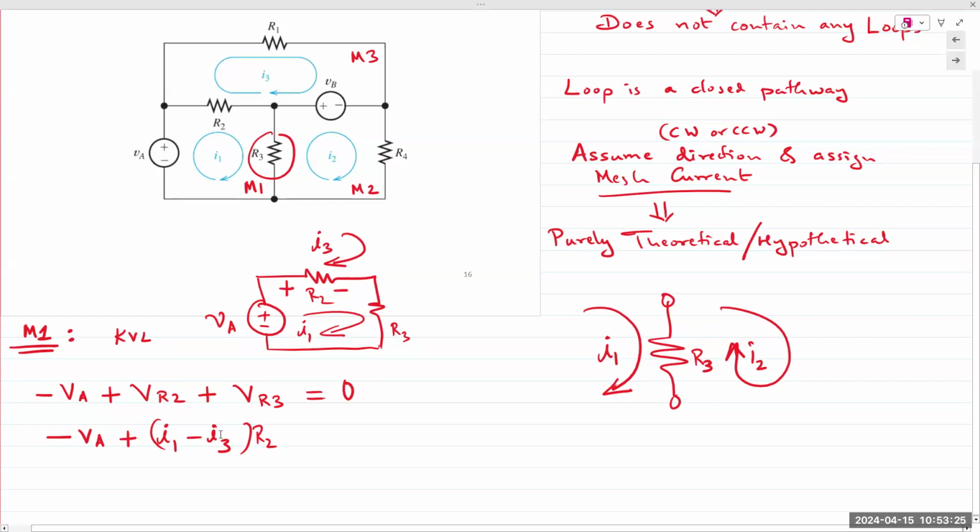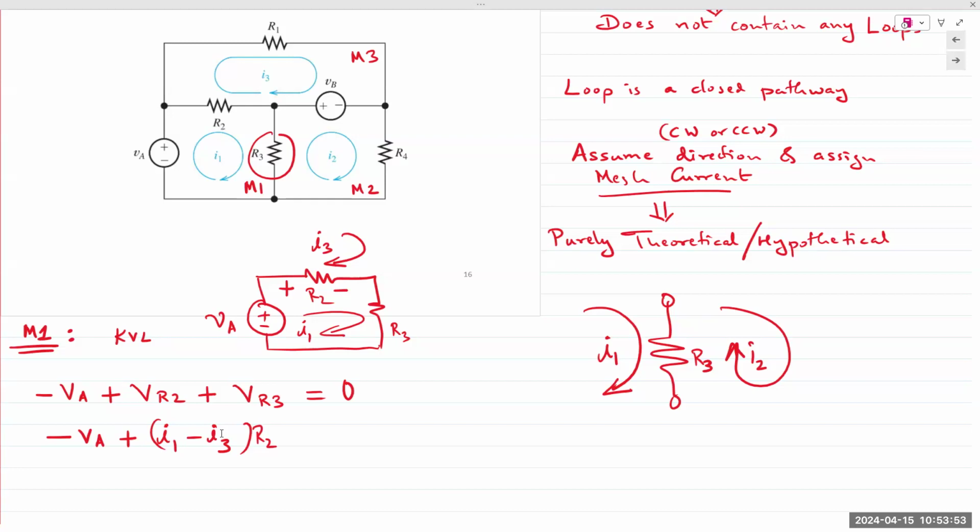Does that make sense? Here, because of the chosen clockwise direction for all three currents, the shared branch will always have the mesh currents going in the opposite direction. You can take any circuit you want and apply any mesh currents you want. If you choose clockwise directions for all of your currents, the shared branches will always be in the opposite directions.